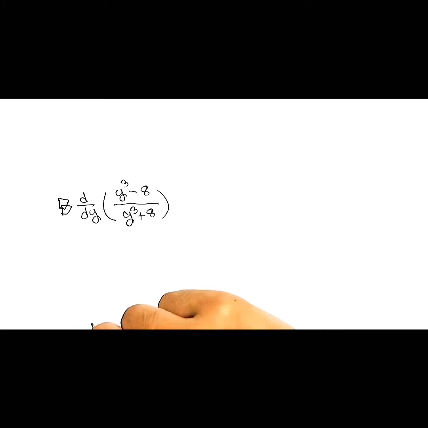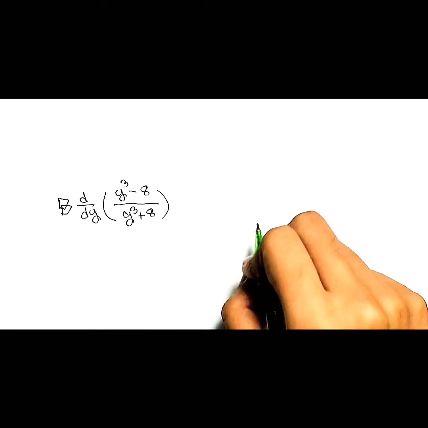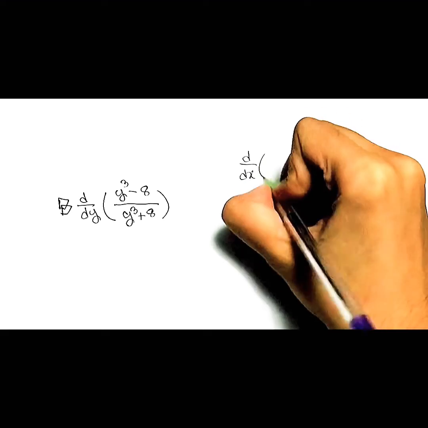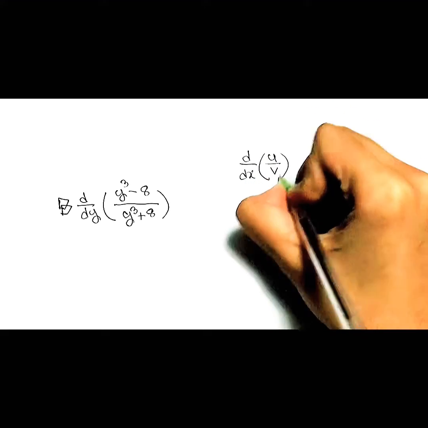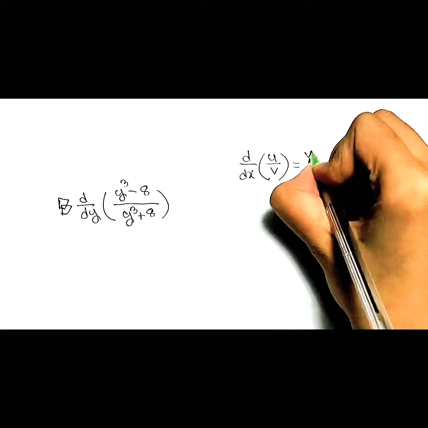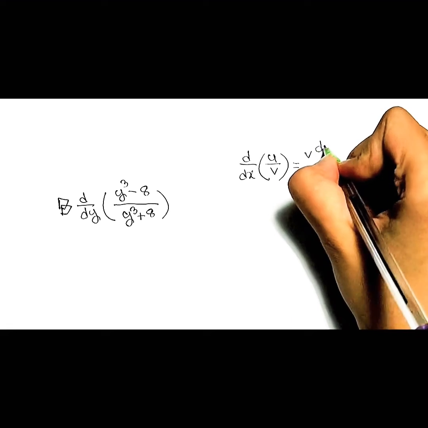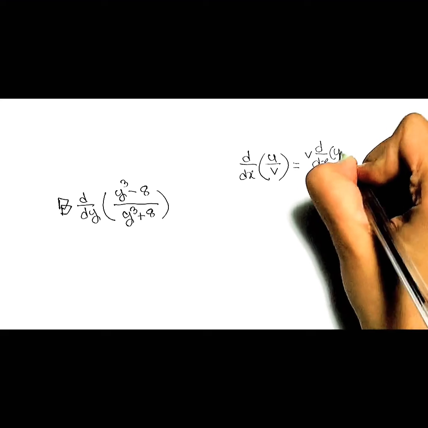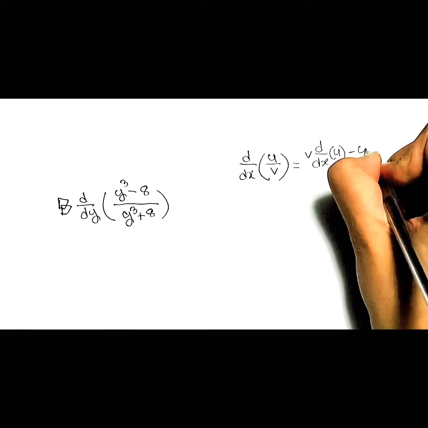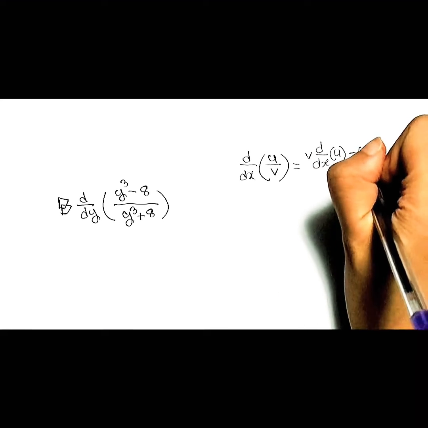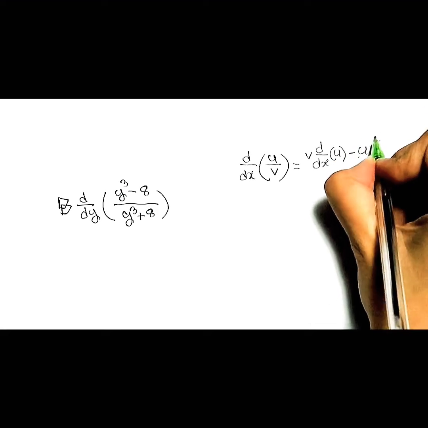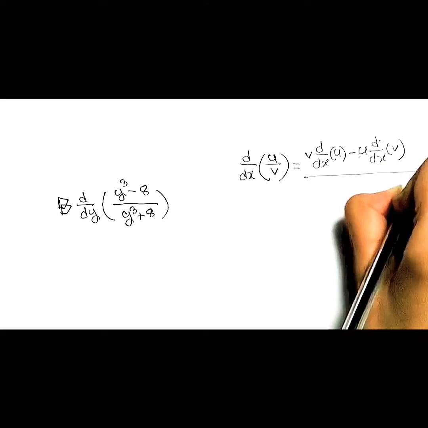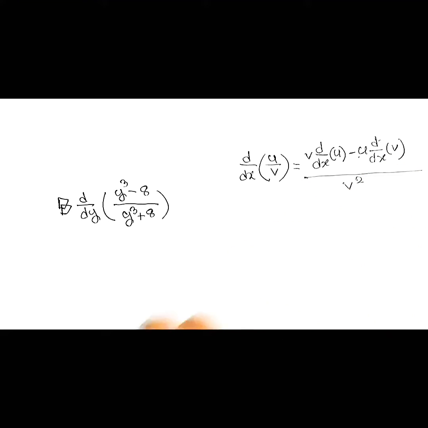Now if I write down the formula, according to my formula of d/dx of U by V, at first I will keep my V constant, then differentiate my U, then keep my U constant, with a negative sign in the front, then differentiate my V, and divide the whole thing by V square.